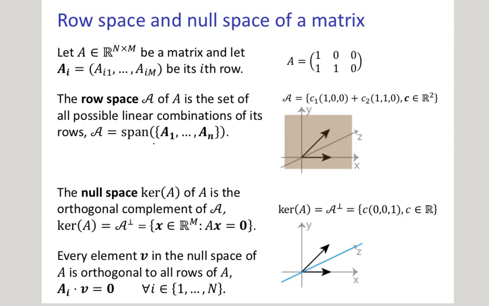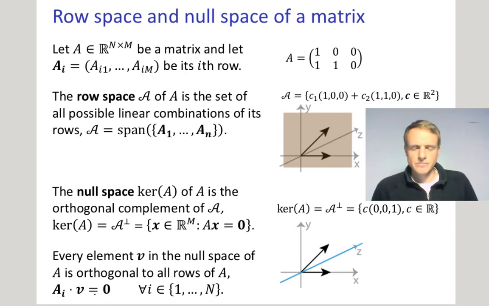The null space of A is the orthogonal complement of calligraphic A, and is also known as the kernel of A. This gives us the useful property, by definition of the null space being orthogonal, that every element in the null space times A is equal to 0.